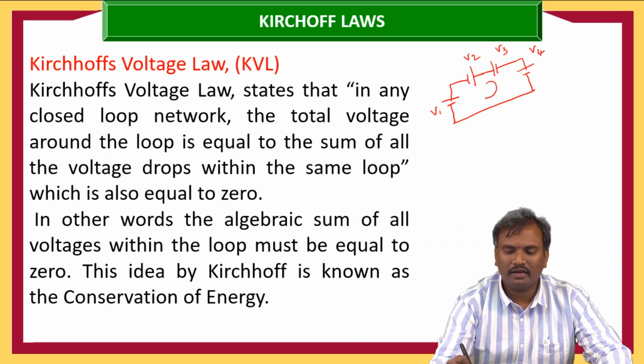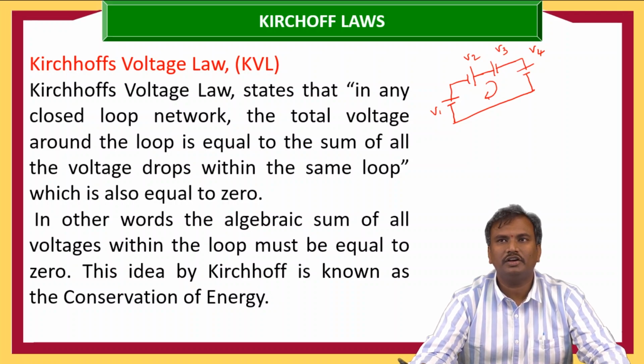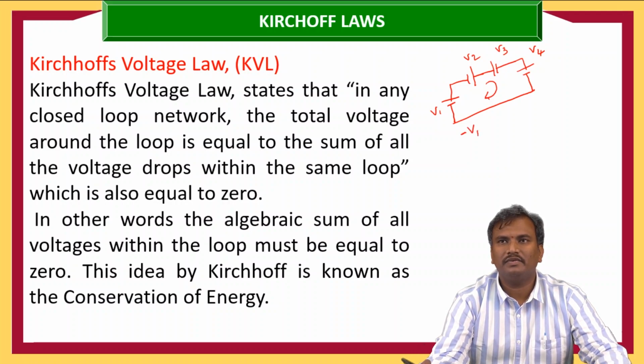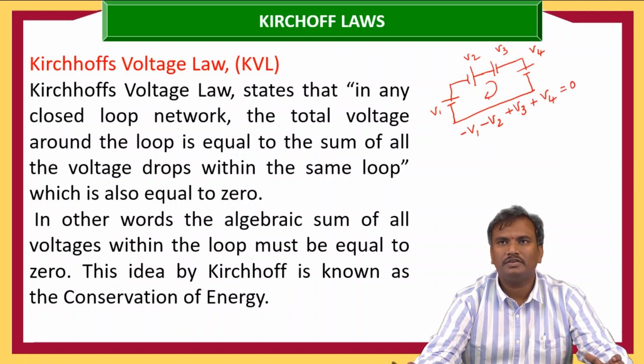For writing the algebraic sum, we have to take the current direction into consideration. If the current enters the negative terminal, we consider it negative, that is minus V1, and here also current is entering the negative terminal, so minus V2, and current is entering the positive terminal, plus V3, and current is entering the positive terminal, plus V4, which is equal to 0.